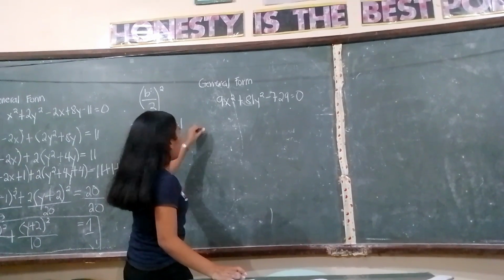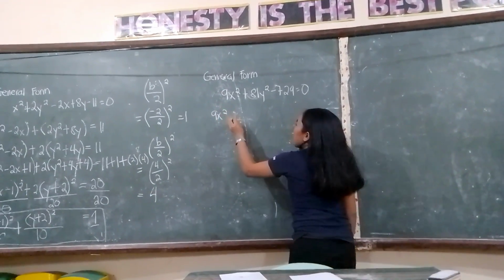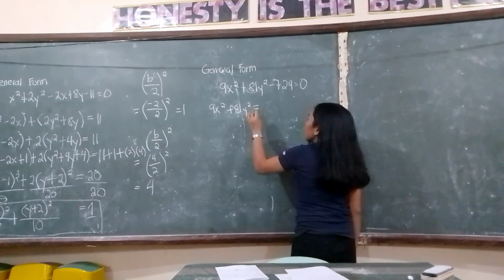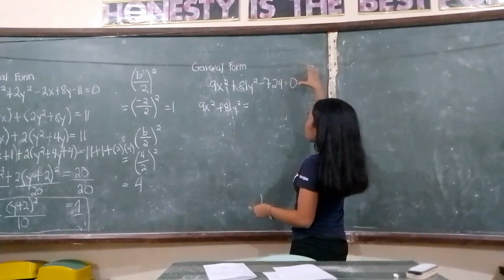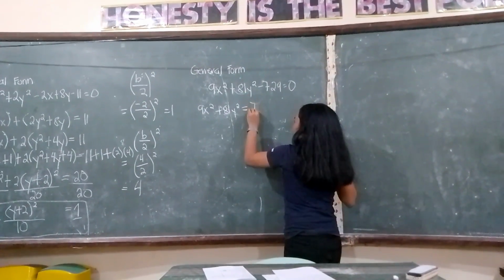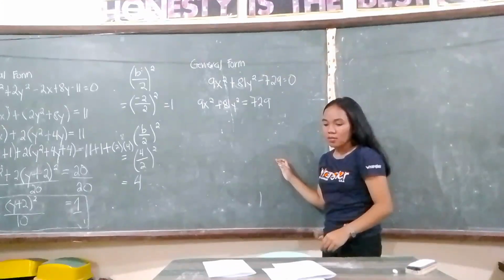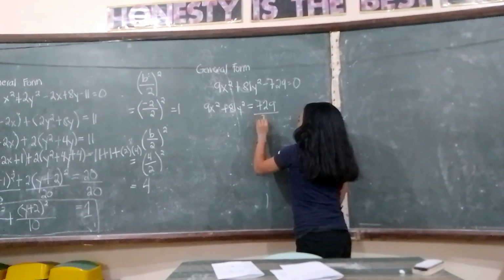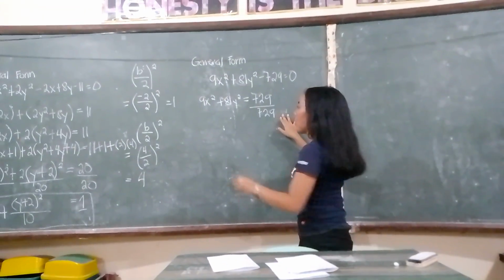So we have 9x squared plus 81y squared is equal to negative 729. Transposing to the right side, we have 729. Next, we have to divide by 729 so that it equates into 1.